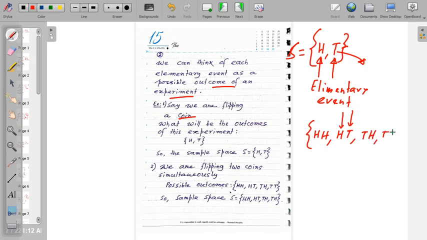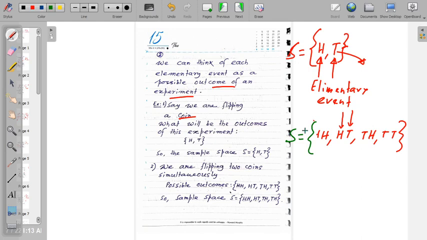Then the first one is tail, the second one is tail. No other outcomes are possible whenever I am flipping two coins simultaneously, or flipping one coin after the other and seeing the two coins as one big experiment. So this is the sample space whenever we are flipping two coins.